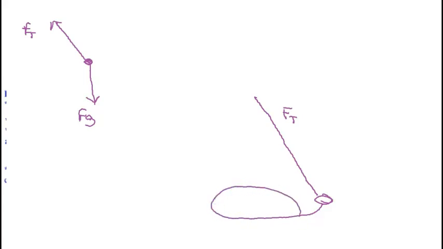And that's our scenario. So if I was drawing a free body diagram for the yo-yo, I would have the force of tension that way and the force of gravity pulling down. That would be my free body diagram for the yo-yo that's traveling in a circle. Pretend that's a circle.